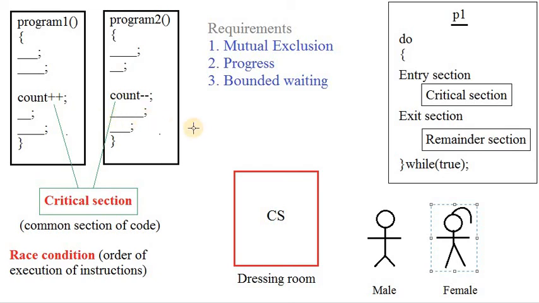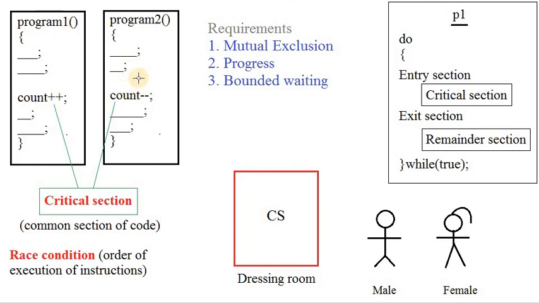Here also, suppose program 2 is continuously executing the critical section many times, but program 1 is waiting outside. In this case, program 1 should have a bound so that it has a chance to enter the critical section after a few times for program 2.